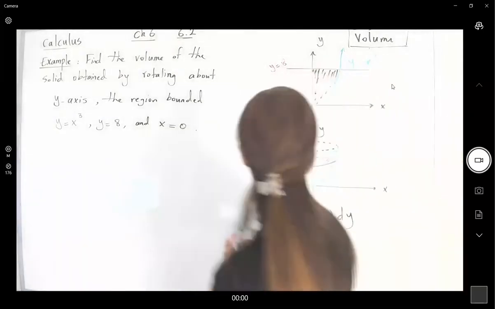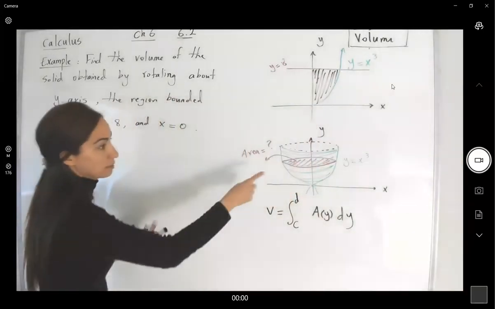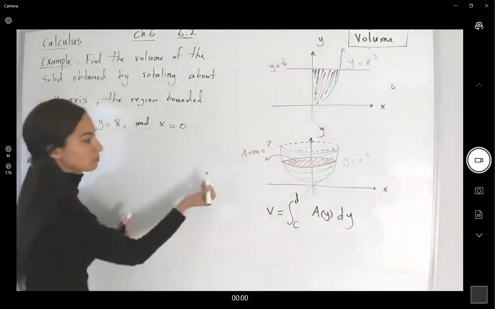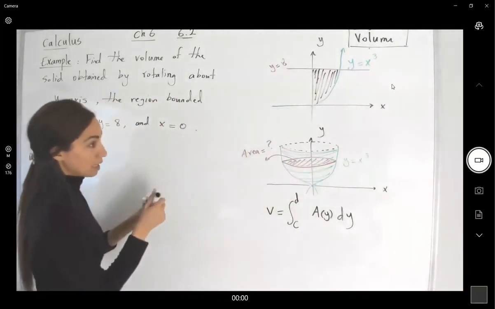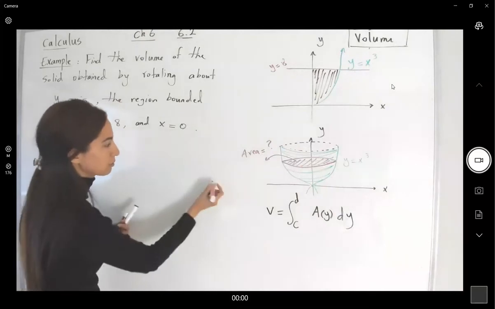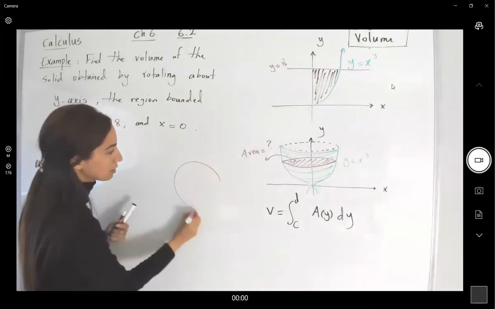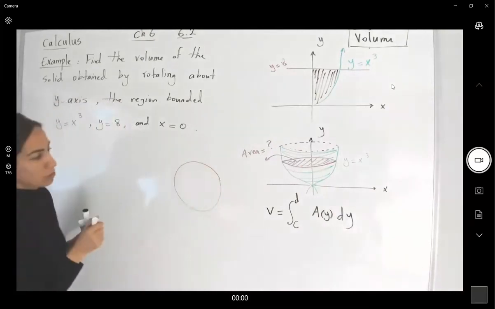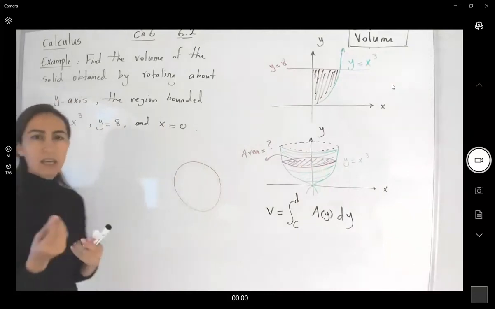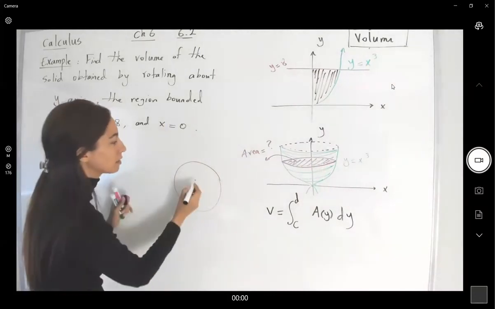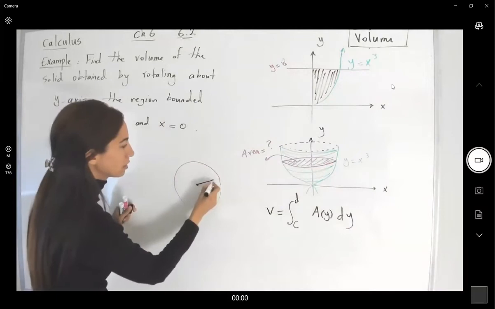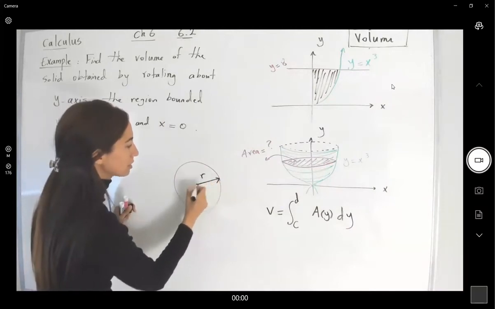Very well. Let's take a look at this disk here. This is a disk that you have. Well, okay. This is my disk, and I'm trying to find the area of this disk. So I need the radius. What is the radius here?